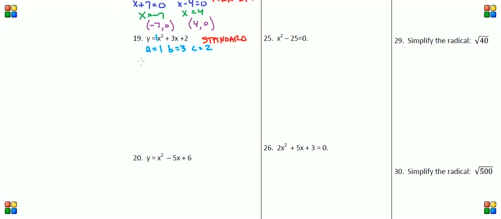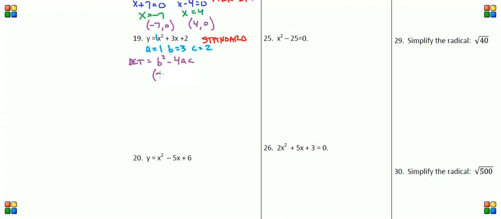Next step is to find the determinant. I'll just abbreviate that as DET. The determinant is found with the equation b squared minus 4ac. Let's go ahead and plug in our values. B is positive.